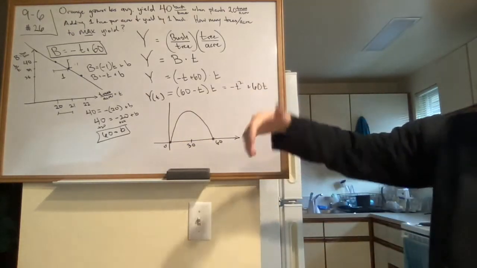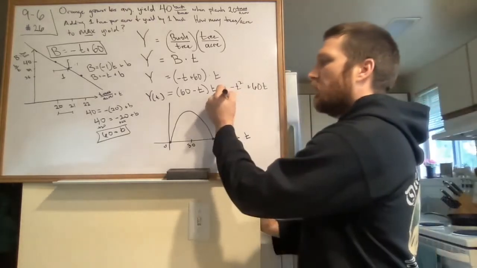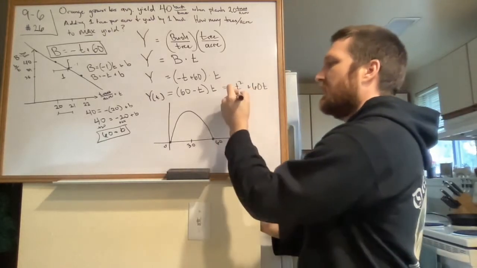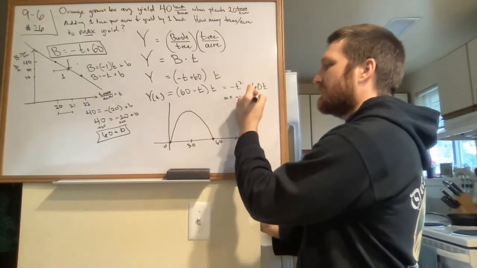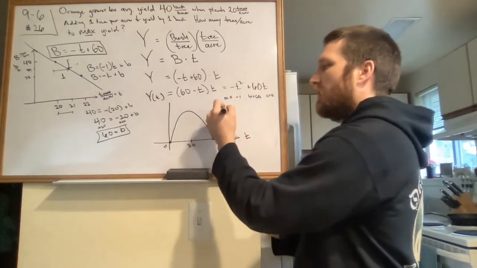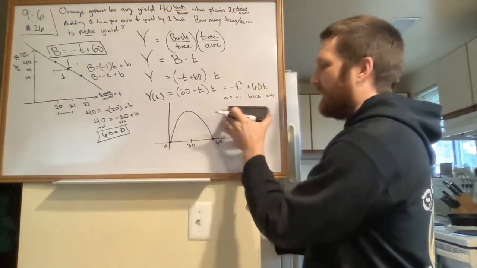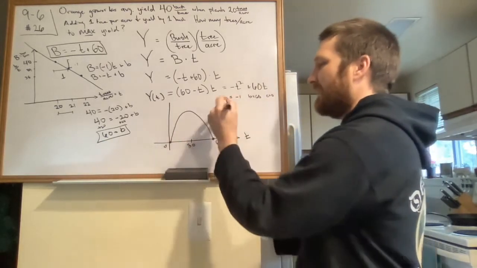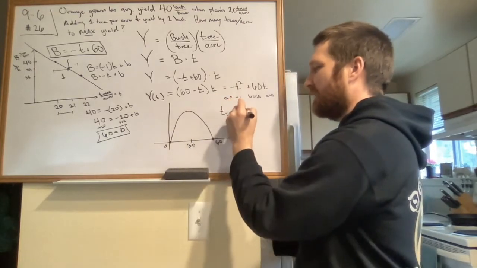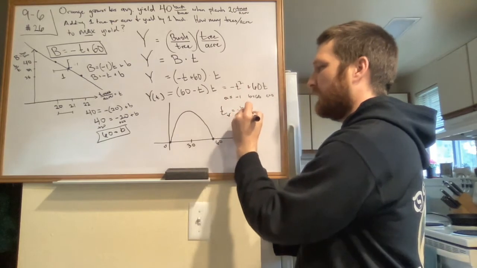We could also do it the other way, where this is a t squared plus b t plus c. a is -1, b is positive 60, c is equal to 0. The t value of the vertex is at -b over 2a.